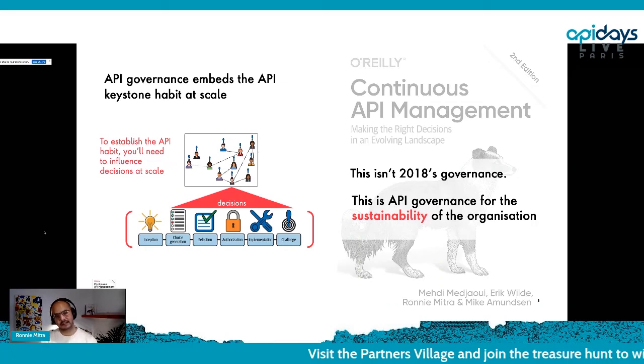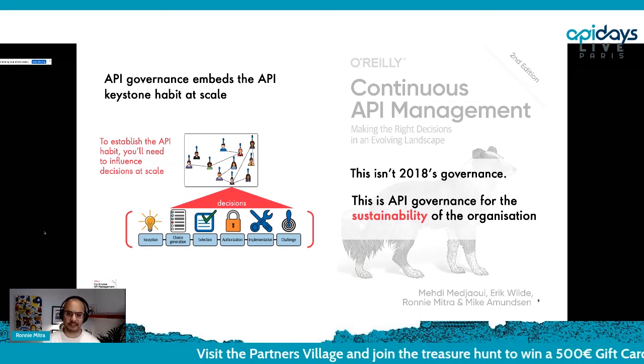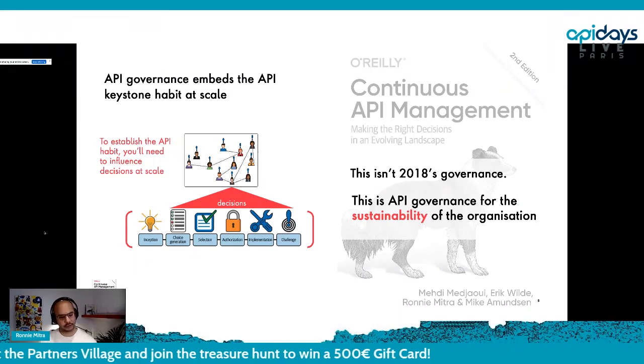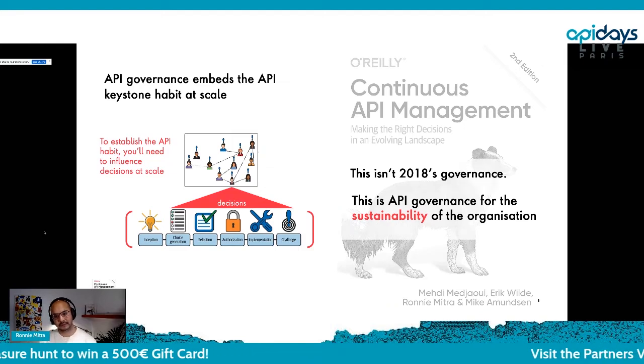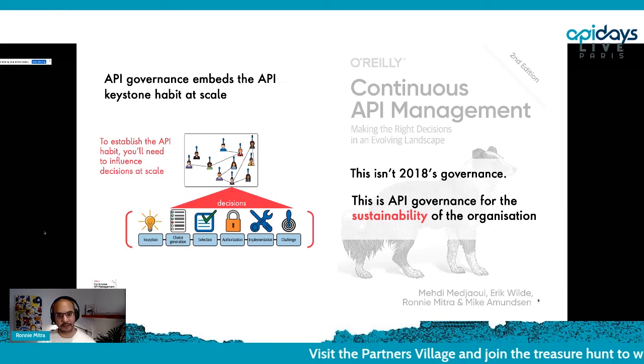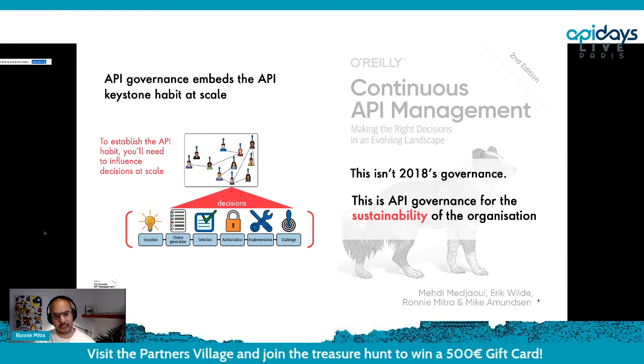Here we mean governance like governing, like government, like what's the method to ensure the sustainability of the organization, right? And that's what we're governing. So to me, that's what governance should be. And ideally, that's what you're striving for.